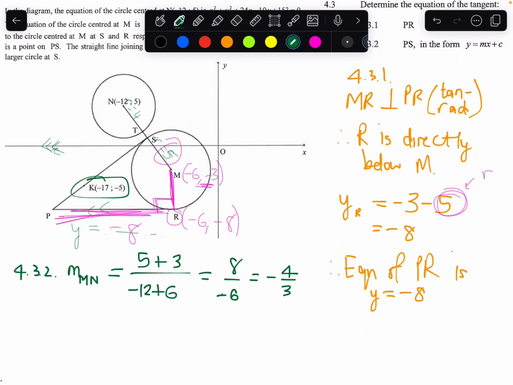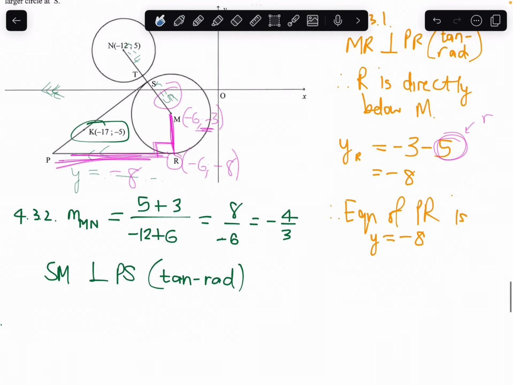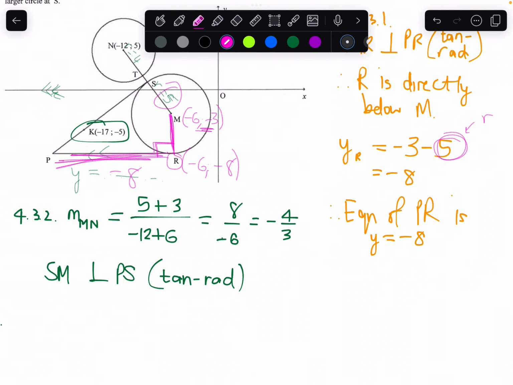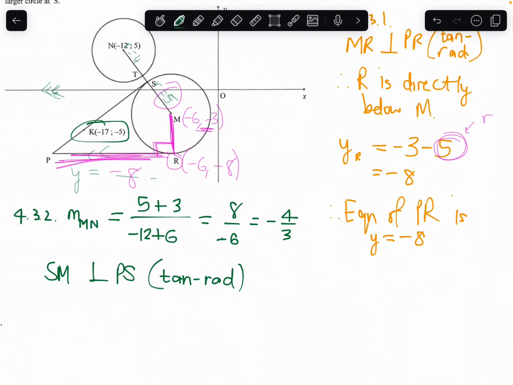Then we said SM is perpendicular to PS, and that is because of tan rad, right? And so that allows us to say the gradient of PS is going to be the negated reciprocal of this gradient. So it's going to be positive 3 over 4.